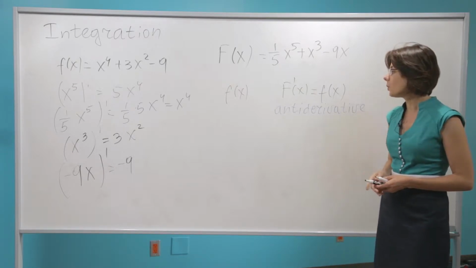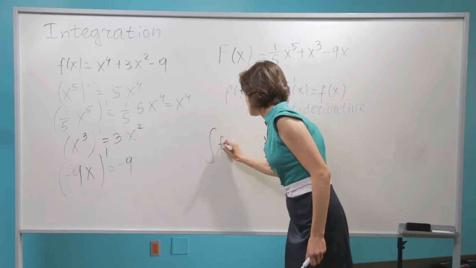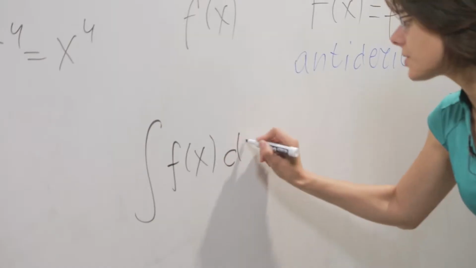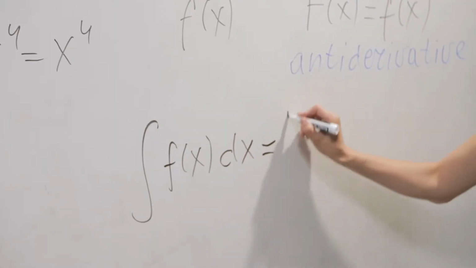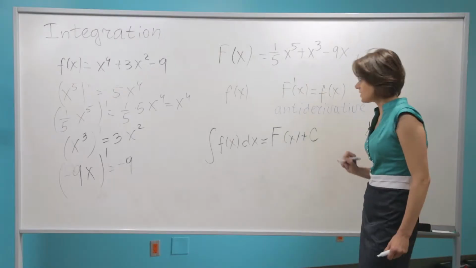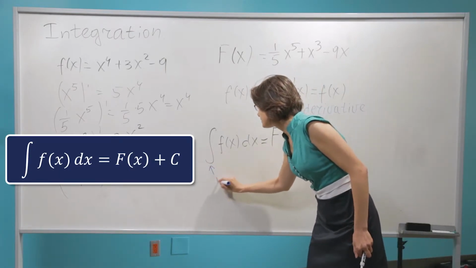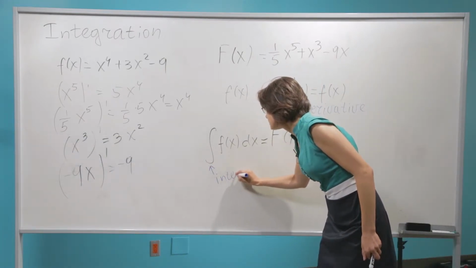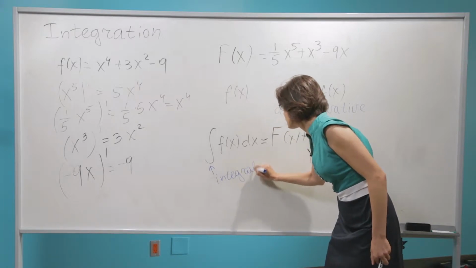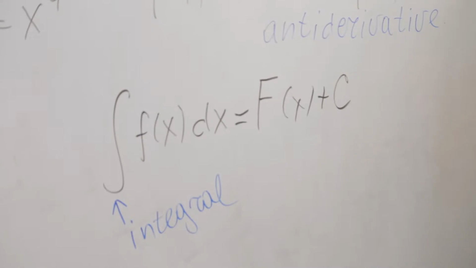In general, we have the integral of function f of x dx, which is equal to capital F of x plus constant c. This notation is called integral. F of x is the antiderivative, and c is just some constant.